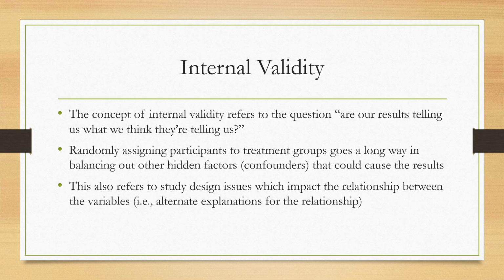Any other study design issues that could cause alternate explanations for the relationship between variables or the alternate explanations for group differences, those are all issues with internal validity. So consider if we have a study looking at blood pressure with a drug trying to lower it and we're using a placebo.